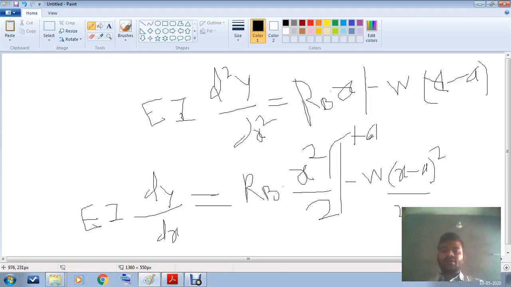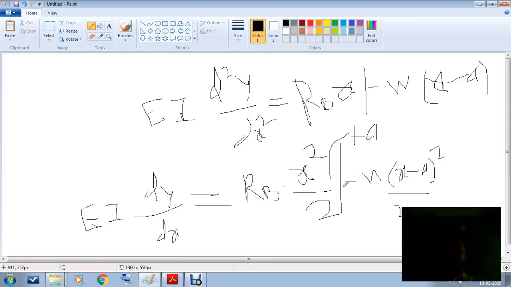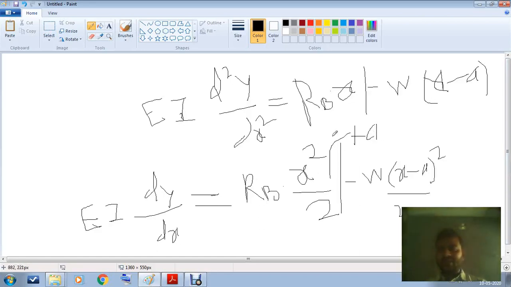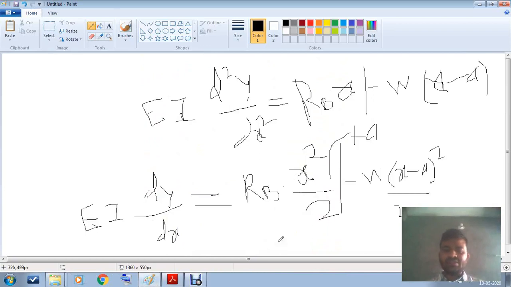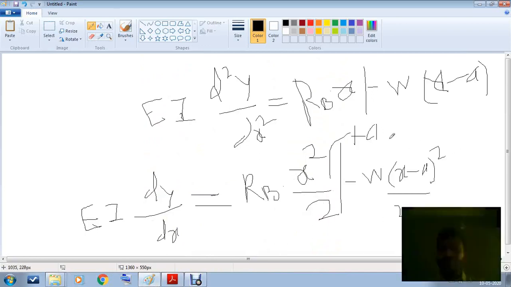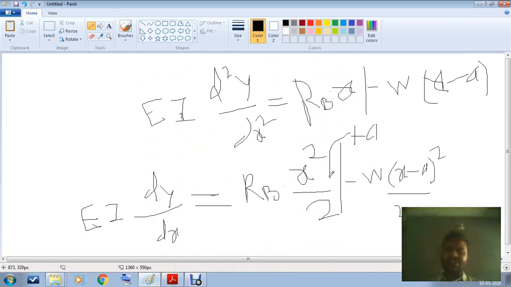So the equation will be RB into x square by 2 plus C1, and then this line, minus W into (x minus a) whole square divided by 2. What does it mean? This constant C1 will be valid if the section is considered before this line XX.